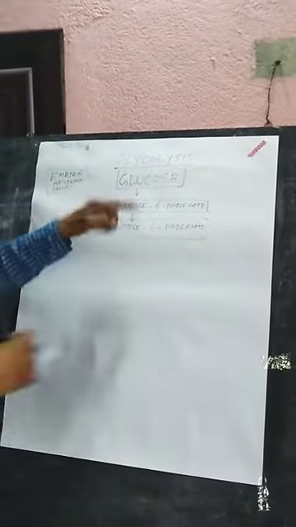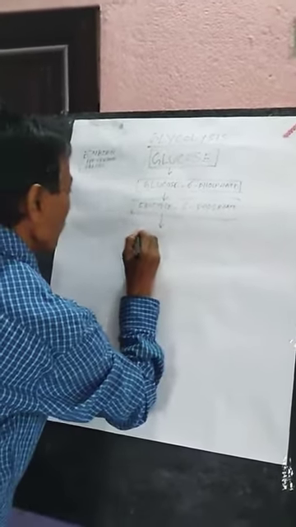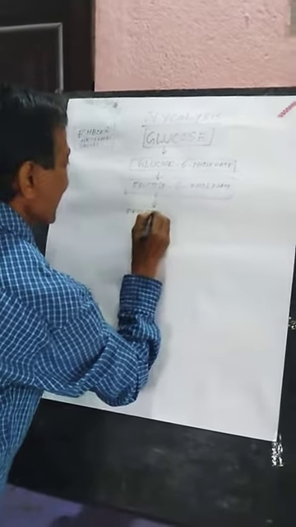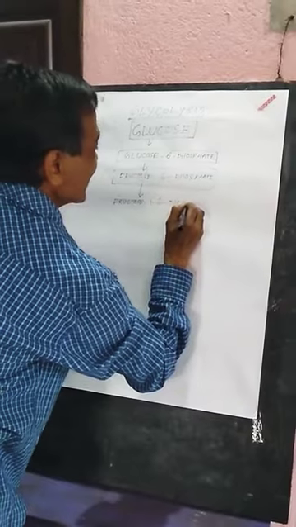Then we will proceed with the enzymes later. Then fructose 6 phosphate is converted into fructose 1,6 diphosphate.